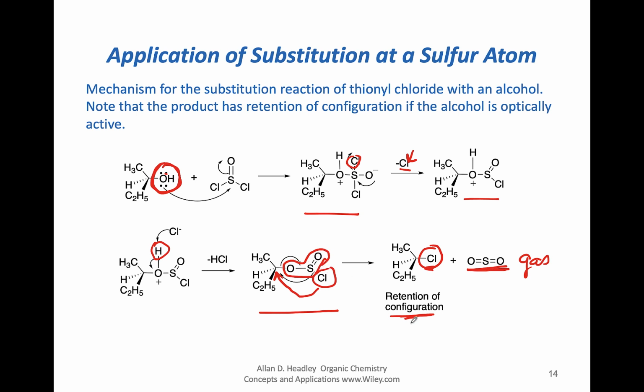You recall the importance of stereochemistry for SN2 reactions. That's highly stereospecific. So sometimes you need retention of configuration, sometimes you need inversion of configuration. But we'll have an example of that in a second.